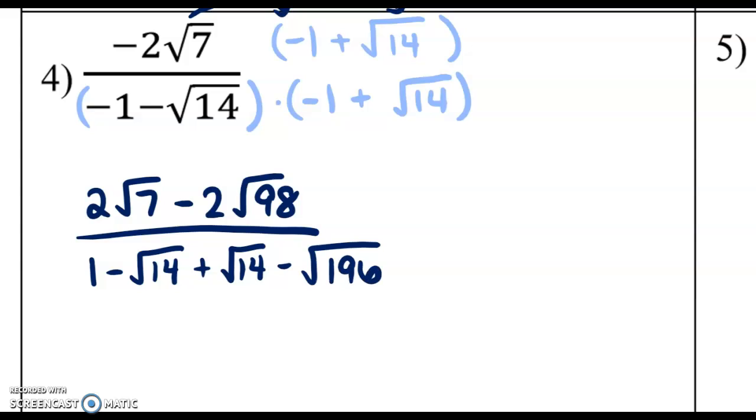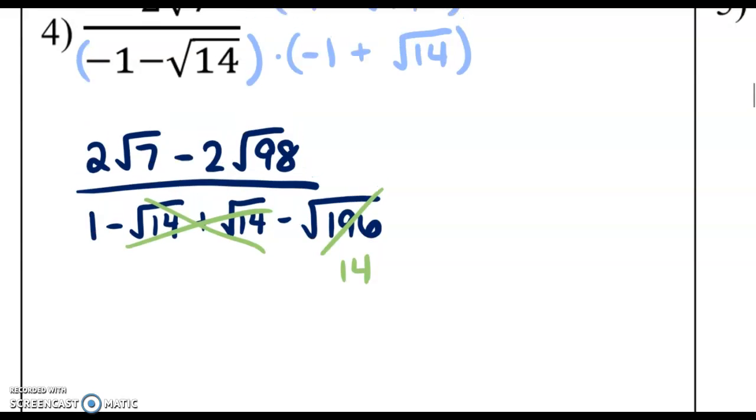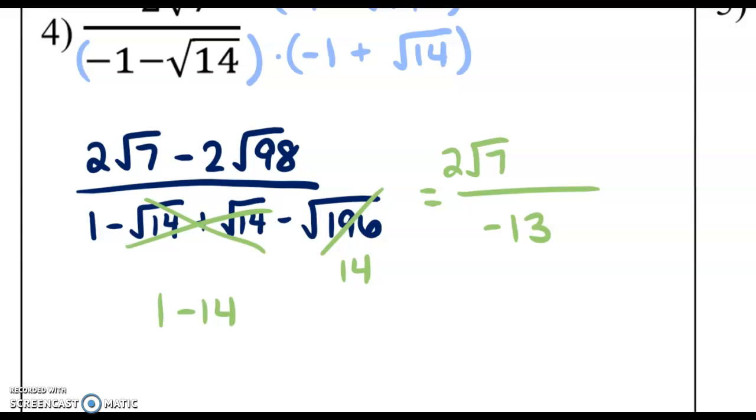So the square root of 196 is 14, and the middle two terms cancel out because negative 1 plus 1 goes to 0. So my bottom, if I keep simplifying it, it's 1 minus 14, which gives me the denominator of negative 13. Top, go ahead and rewrite it.